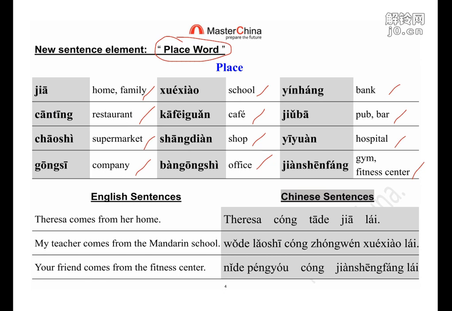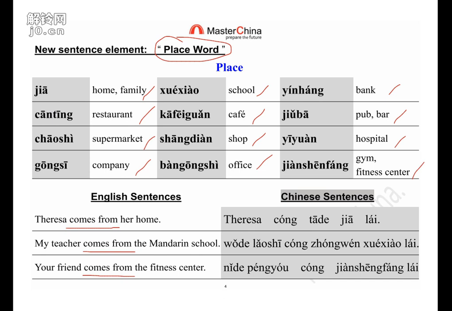Now let's put these place words in the phrase of come from. So we practice the phrase of come from. So keep in your mind that we need to mention your start place first. That means we need to say from first, right? Then we say come. Of course, in this phrase, we didn't say come to where.